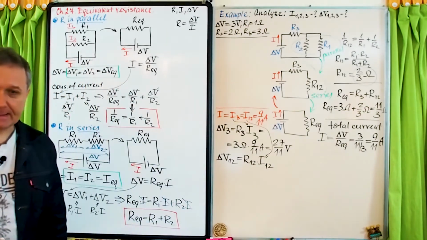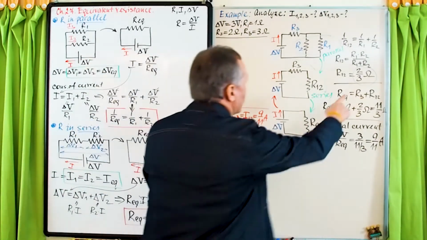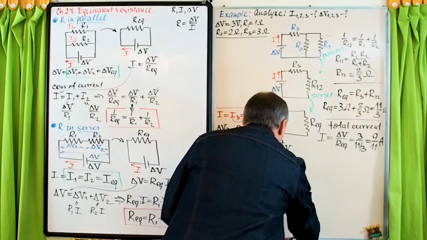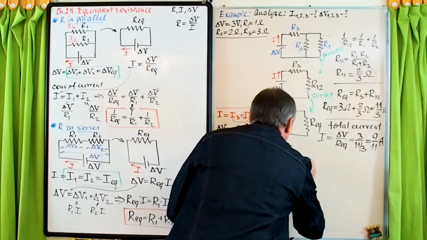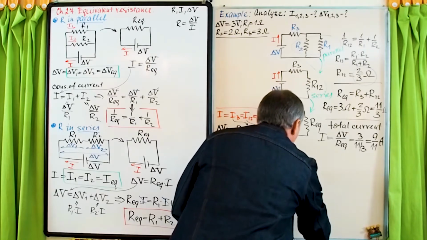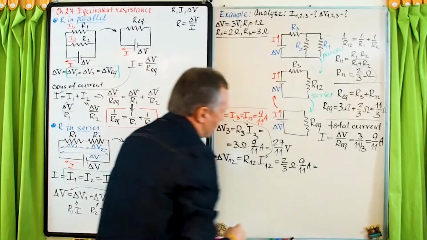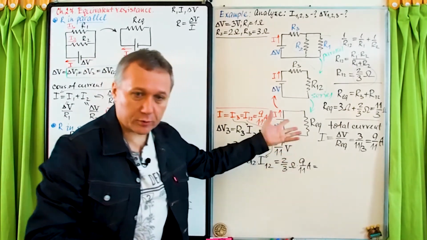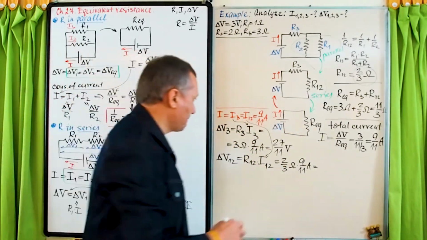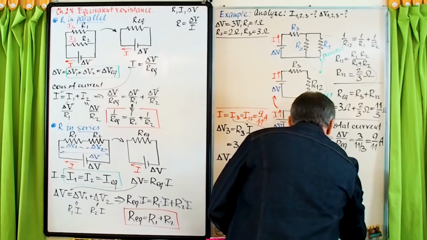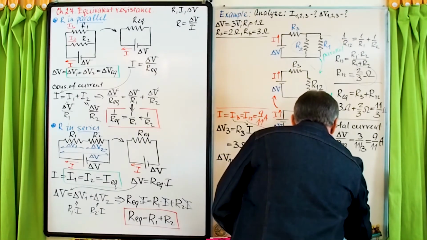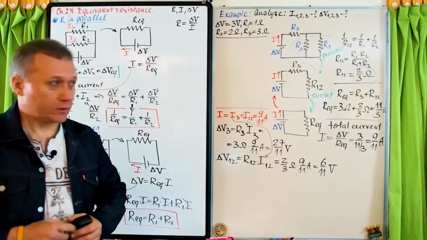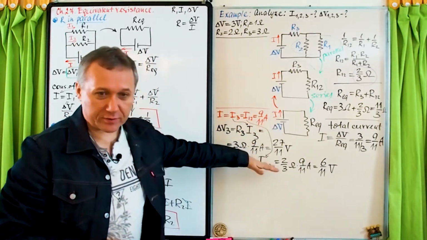R12 is 2 over 3 ohms times 9 over 11 amps. So 9 can be cancelled, and we'll have 3 times 2, 6 over 11 volts.